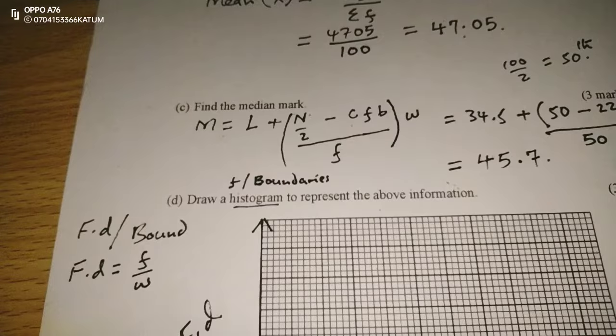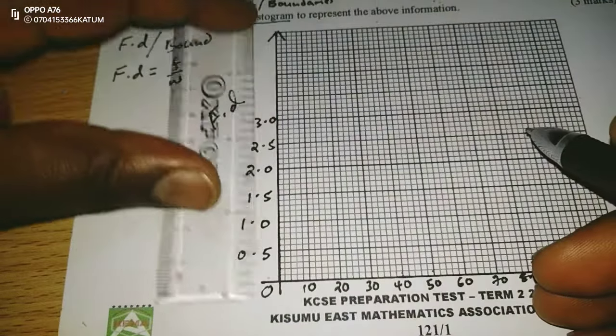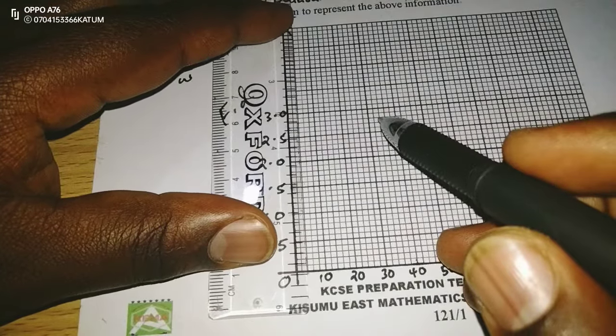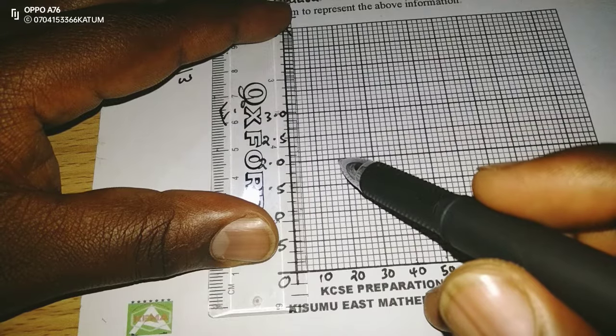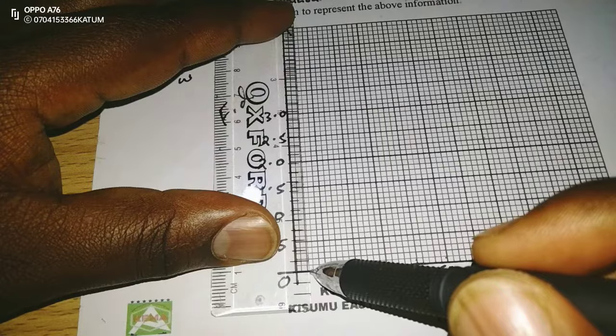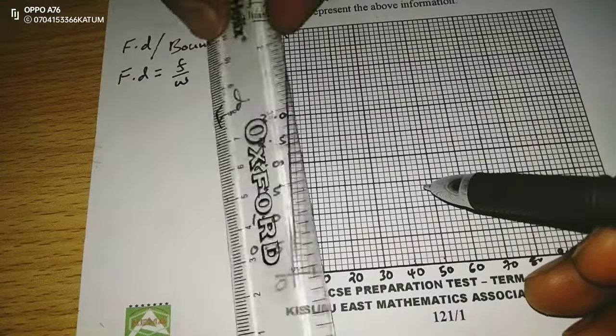So the first class is beginning from just before 5, which is 4.5, all the way to 14.5, because they should be the boundaries. So from 4.5, which is this point, up to and including 14.5.